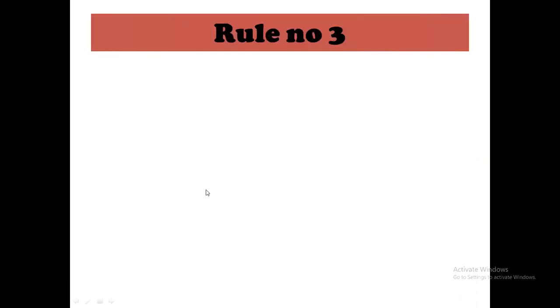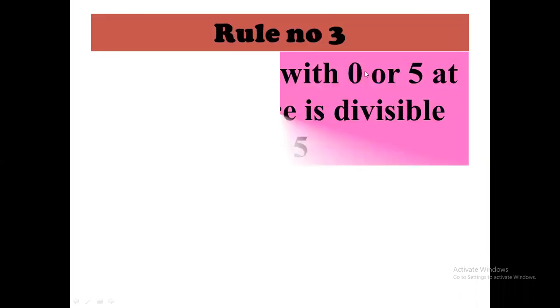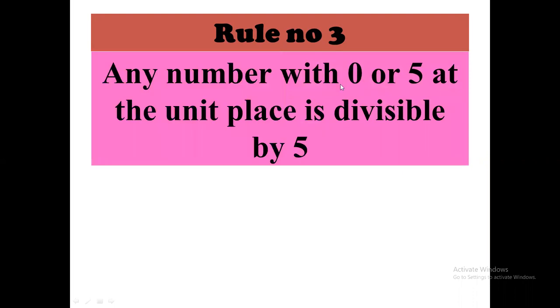Your rule number 3 is for 5. Any number with 0 or 5 at the unit place. And you know the table of 5 also, that the products of 5 mostly end on 0 and 5. So the numbers which have unit place 5 or 0 are divisible by 5.